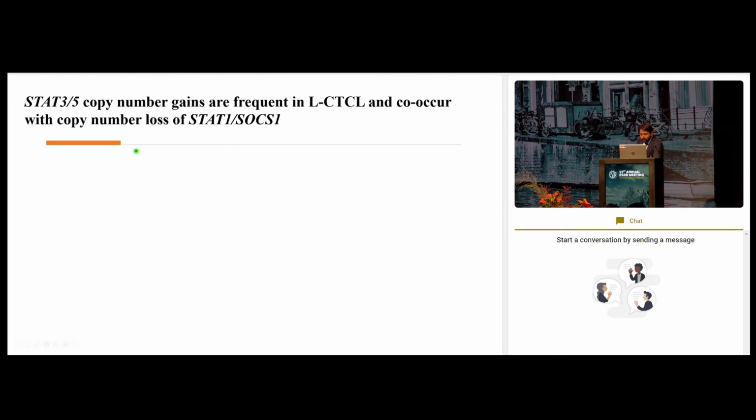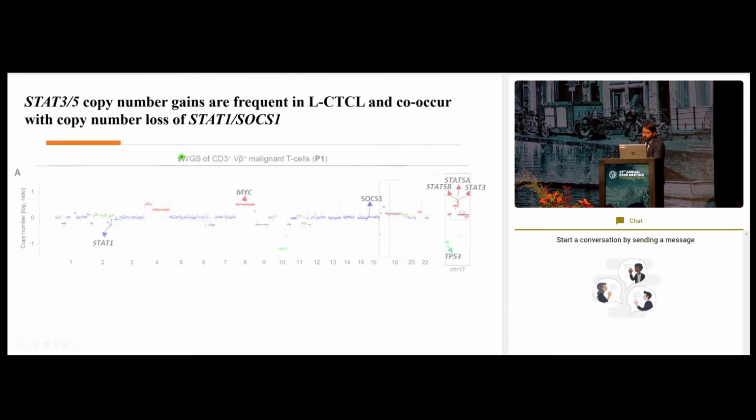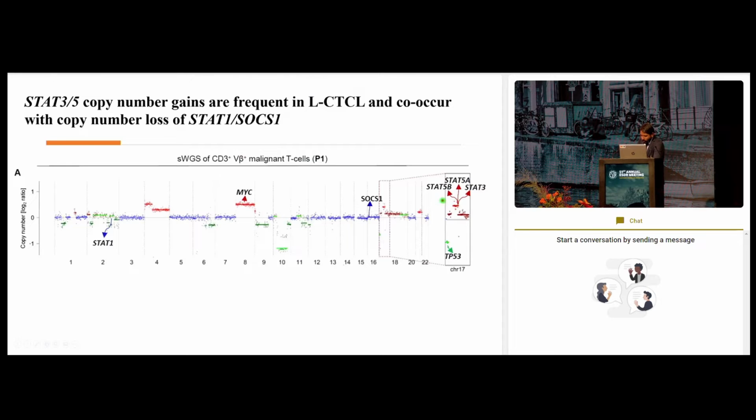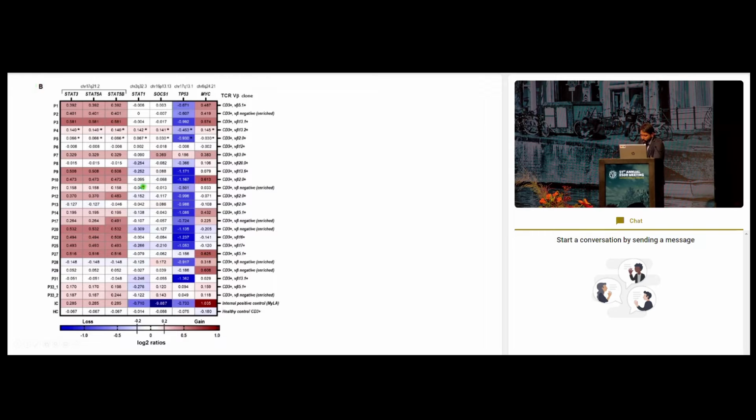So moving on. The STAT3-5 copy number gains are frequent in leukemic CTCL patients, and co-occur with STAT1 and SOX1 loss. Here I show a copy number analysis plot of one of our patients, and you can clearly see that STAT5A, B, and STAT3 are upregulated, along with a complete loss of TP53 and also loss of the STAT1 and SOX1 region.